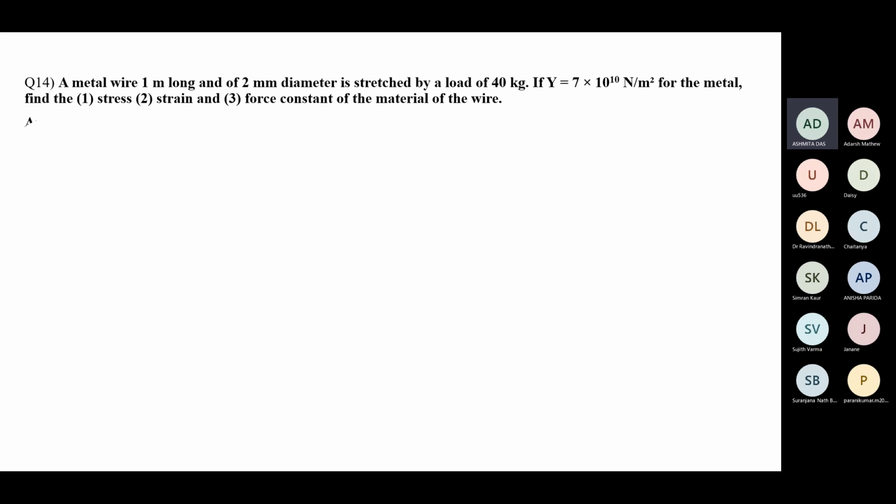So now the force constant will be F divided by small l, that is force 40 into 9.8 divided by the elongation, 1.78 into 10 to the power minus 3. So force constant is coming as 2.2 into 10 to the power 5 Newton per meter.